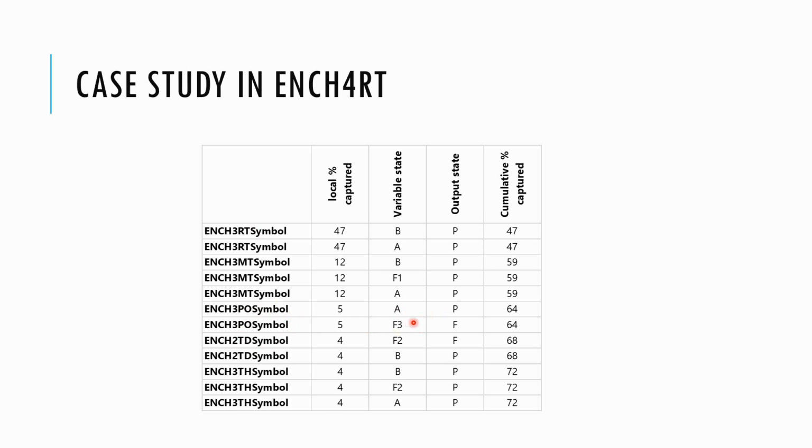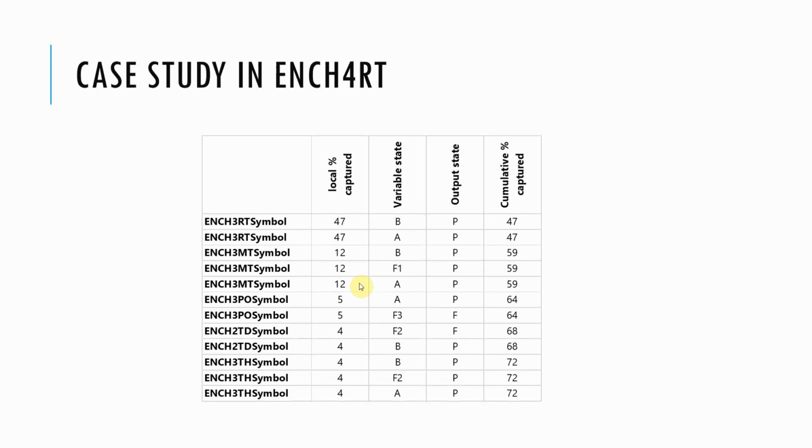If you failed it badly, you will likely fail. But it only captures about 5% more of the data. So you can see the cumulative percent building up here. And so you can go through this list, and it tells you basically how to construct the logic to predict the outcome for 4RT.